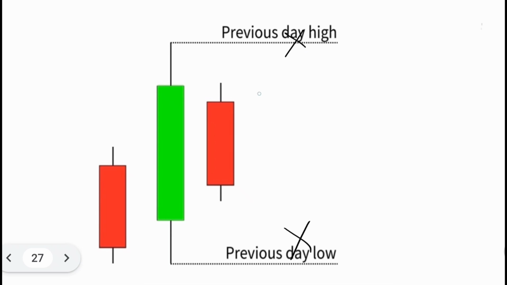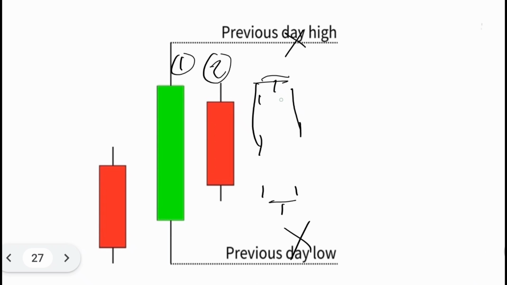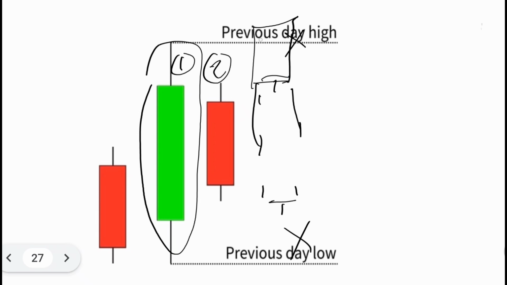Now, what will this candle be? What will now happen on this third day? This is day 1, this is day 2. What will happen in this case is that I would follow the bias of this candle. It's most likely going to be bullish, because even though this second day candle did not take out the high or low, I'll follow the bias of the first.